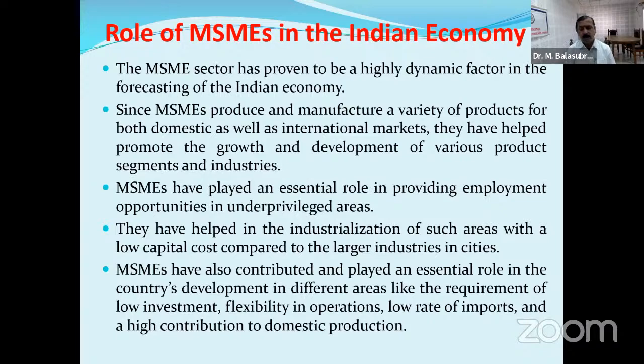MSME have also played an essential role in the country's development in different areas, like low investment requirement, flexibility in operations, low rate of imports, and high contribution of domestic production. These are the roles played by MSME in the Indian economy. Please do not think that only larger industries play a greater part. It is not so. Next, please.